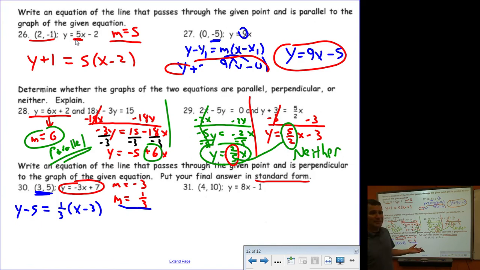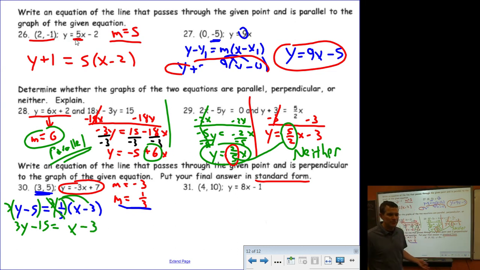So again, the first thing I do for standard form is clear the fractions. In this case, that means multiplying both sides by 3. That gives me 3y minus 15 equals 3 times 1/3 cancels out the 3's, and I distribute the 1. 1 times x is x, 1 times 3 is 3.